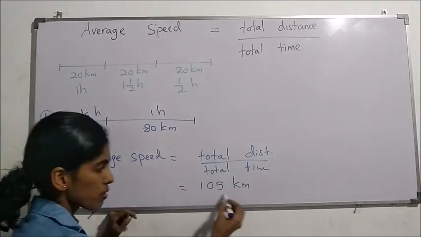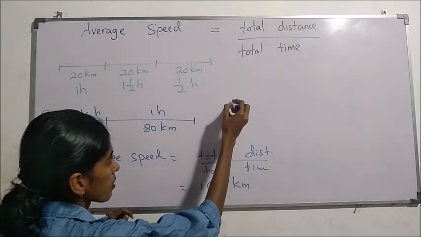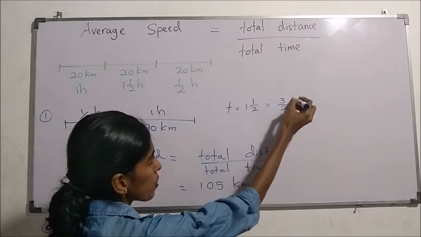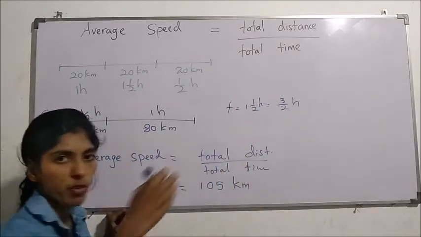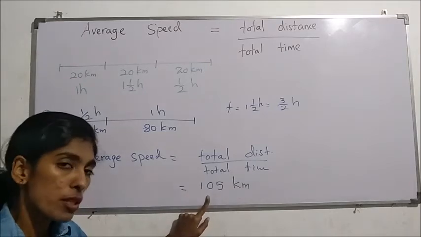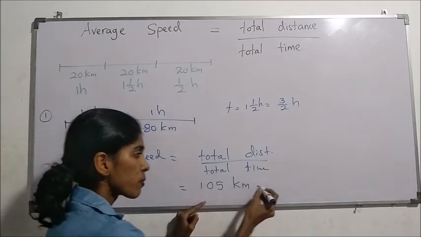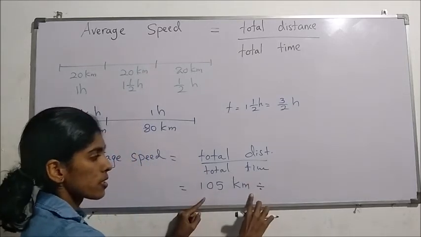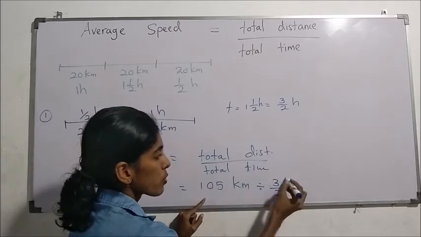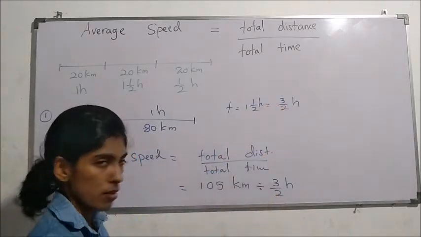When we write 1.5 hours, it can be converted. 1.5 hours means 3/2 hours, right? So it would be a fraction over another fraction. Without following that method, instead of this line division, you can put a division mark: total distance divided by the time. What is the time? 3/2 hours, 1.5 hours. Usually we should convert it into an improper fraction and write it.